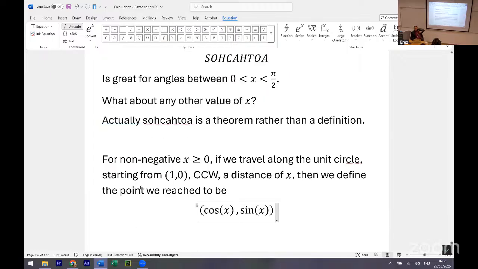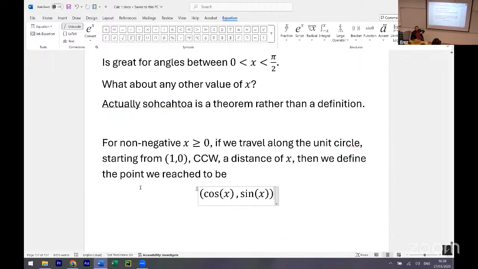I think one of the most surprising things about the way I describe it is that I'm not mentioning an angle at all. I'm mentioning a distance, because it's a geometrical definition.